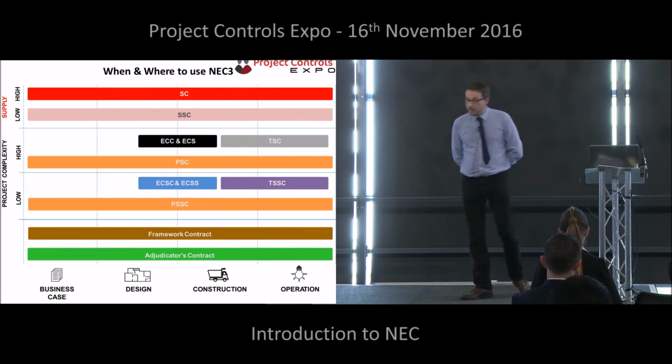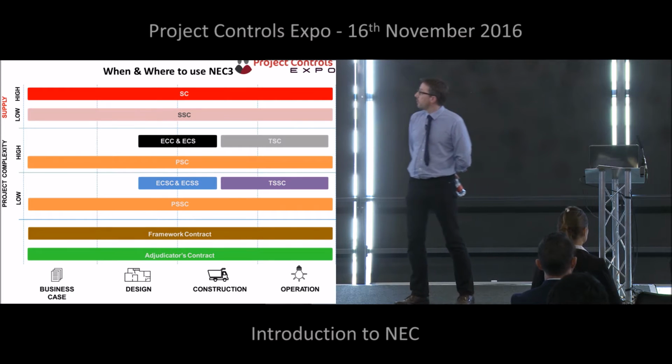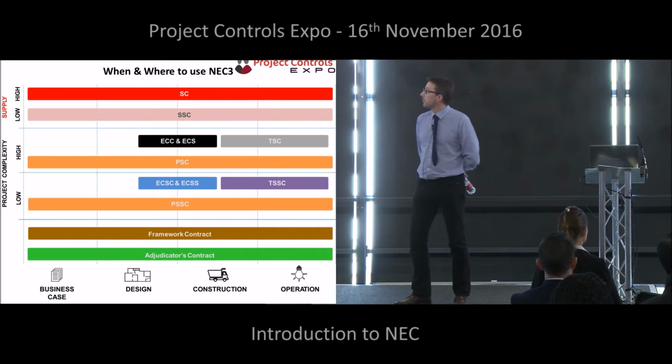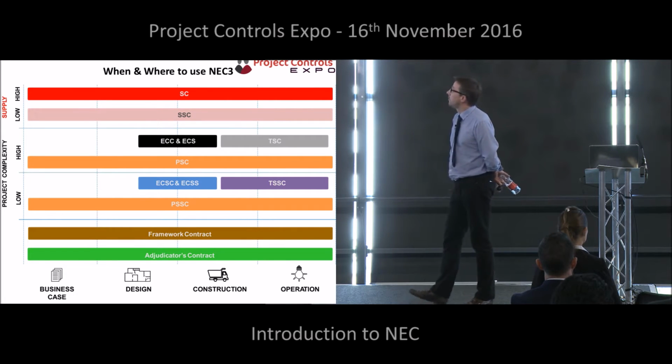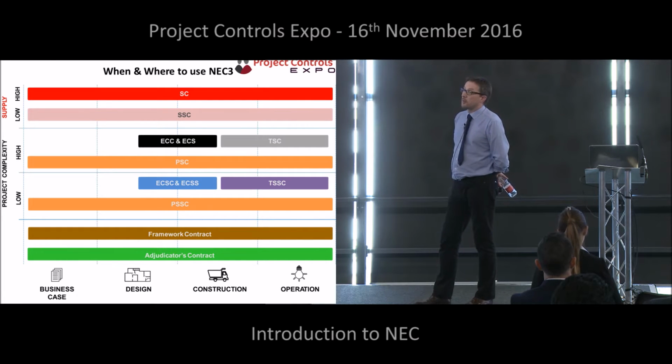This slide provides a sort of overview of all the different types of contract that are available, and in terms of whatever it is you're procuring, if you like, in the context of the project life cycle.